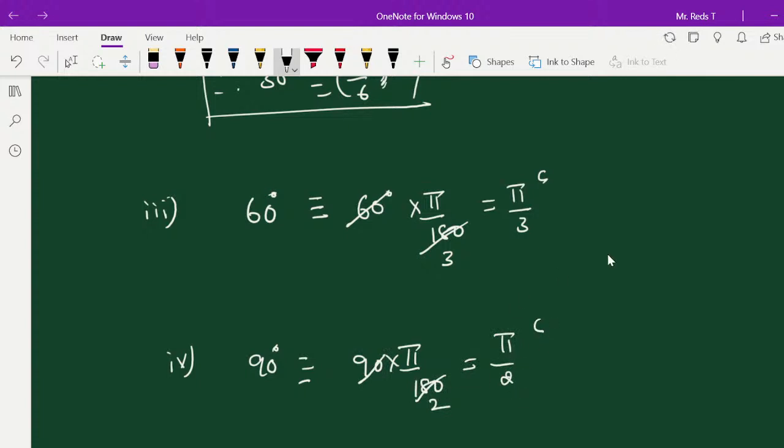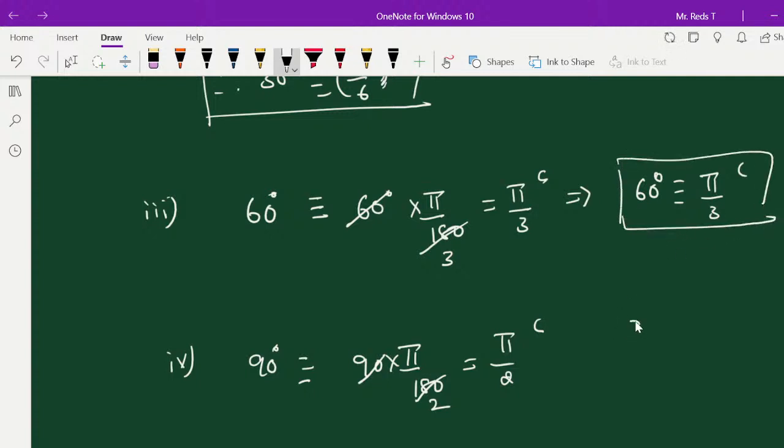So 90 degree is equivalent to pi by 2 radian. Even if that symbol is not given, you have to read this as radian.